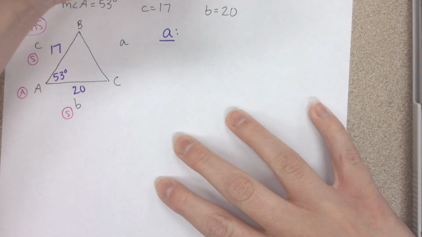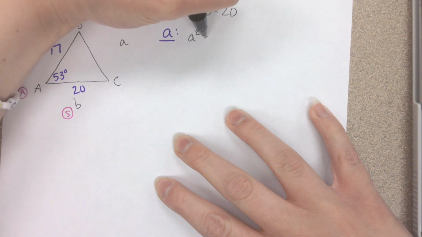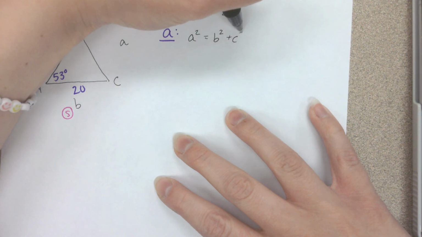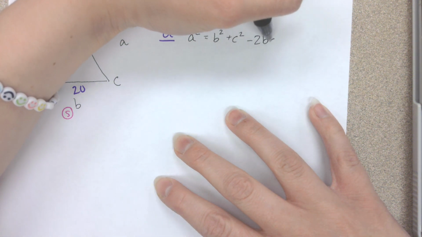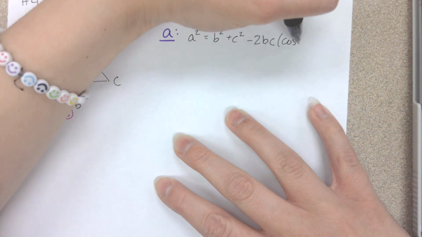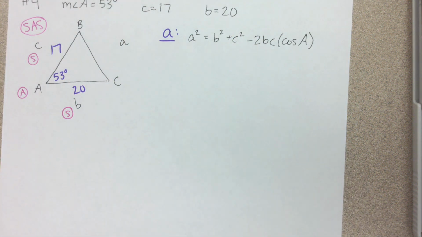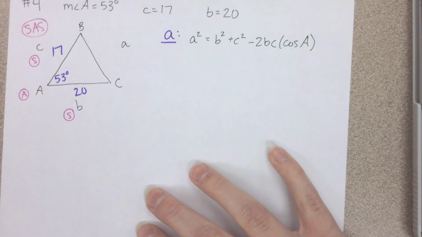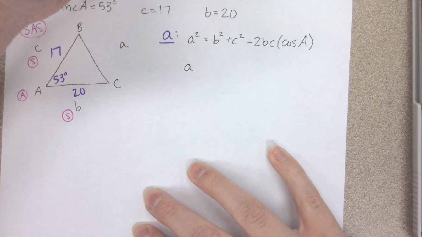So I'm going to write out the formula. We have A squared equals B squared plus C squared minus 2BC cosine of A. Filling in our information. This is still A squared.